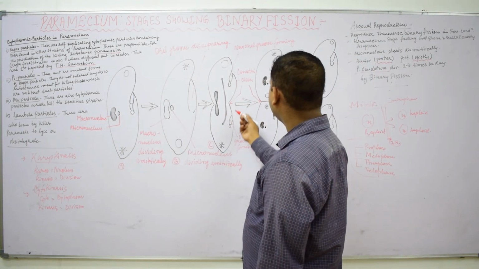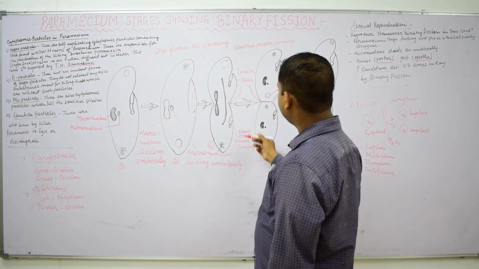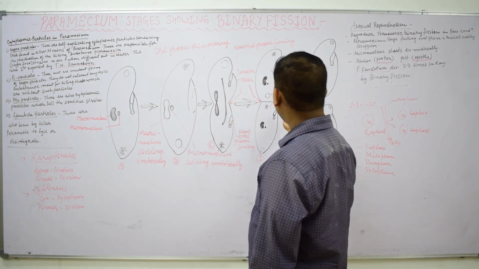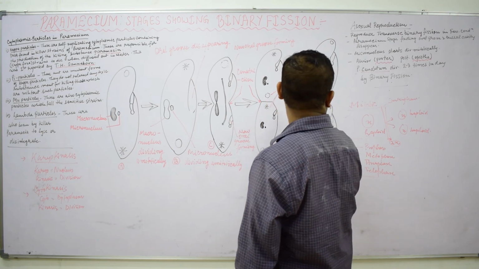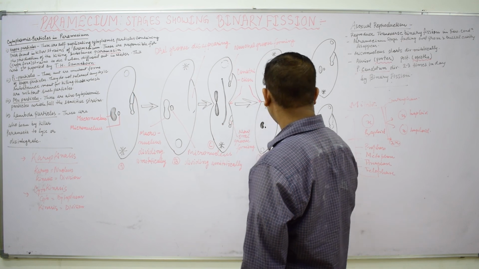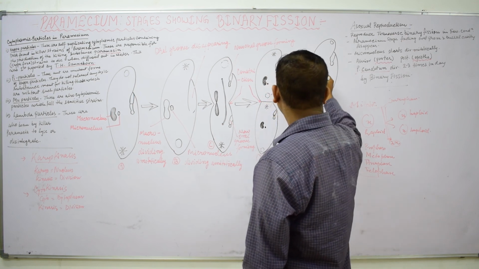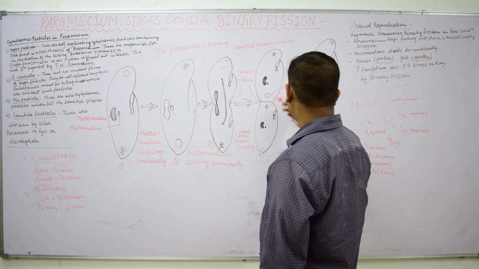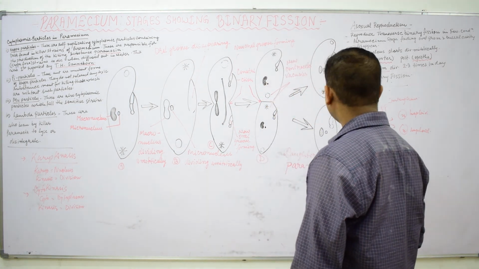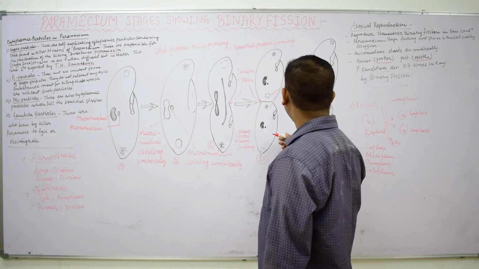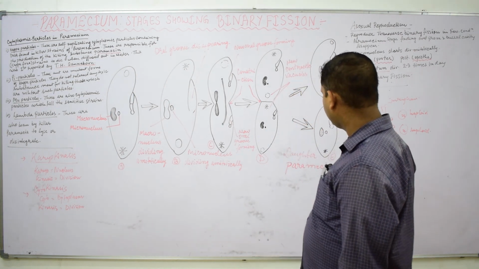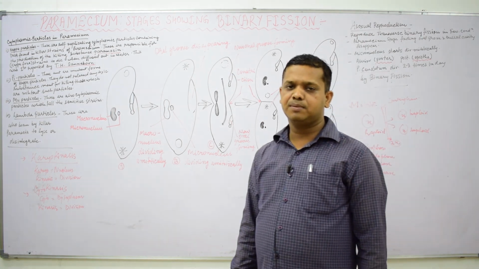In diagram C the contraction takes place, and here the cytoplasmic contraction also takes place, meaning cytokinesis, and further the transverse binary fission occurs in favorable conditions, in diagram D, and new contractile vacuole formation takes place on both sides, whether the anterior known as proter or the posterior known as opisthe, and then the formation of two daughter cells, called daughter paramecia, takes place.